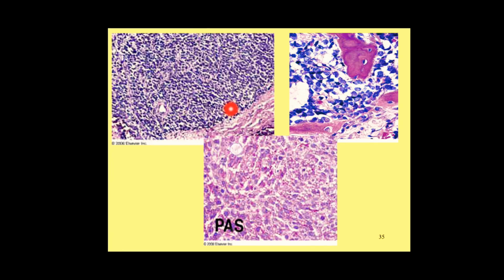Microscopically, it will have very high or dense cellularity with scant stroma, and the cells will be uniform small round cells, slightly larger than lymphocytes but more closely spaced. The cytoplasm will be very scant, but it looks clear because the tumor is rich in glycogen. With PAS, you can see the PAS positive nature with magenta colored spots in the cytoplasm.